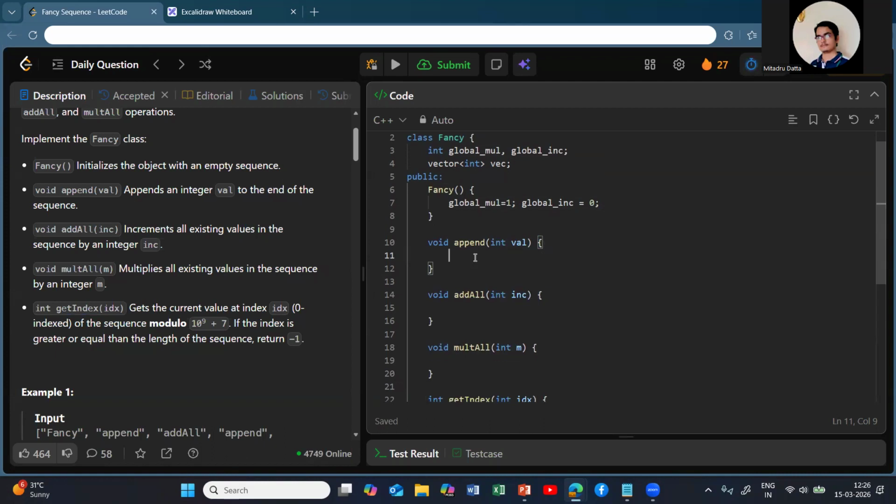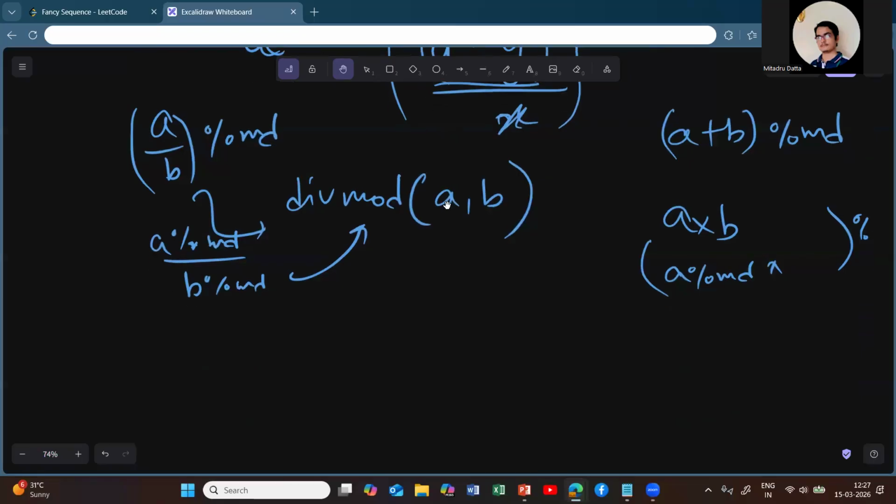After that, when you are trying to append something, as I told you, instead of appending the value directly to the vector, you modify this value. So let's do something like value equals value minus global incrementer. Now you need to perform a modulo mod, the whole modulo. But I hope you know that in subtraction also you cannot just directly do modulo.